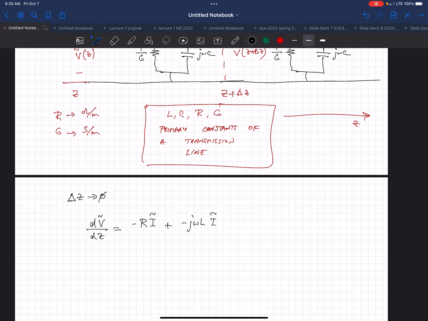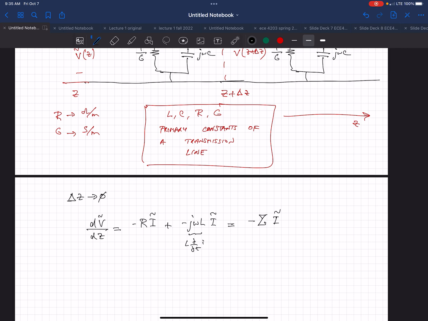That's just Kirchhoff's voltage law. I'm going to call that equal to minus Z I, so this is just impedance. And this is the same as L di/dt if we had not shifted it over into phasor space.